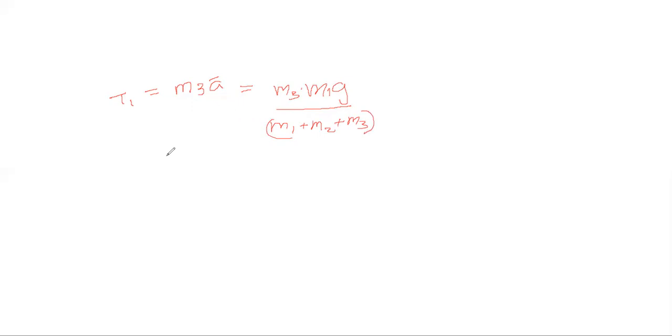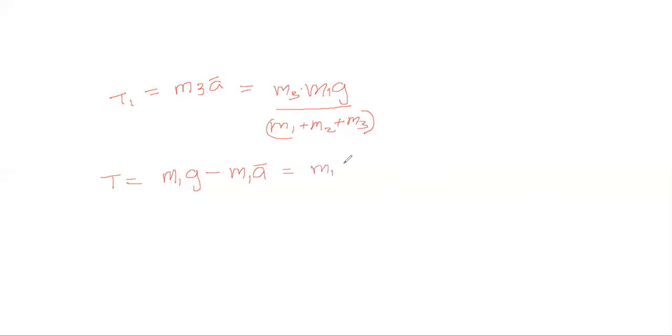Now we need to find T, that is the tension in the second string. We know that T is equal to m1g minus m1a. That is the expression for T. Now let us substitute for a.